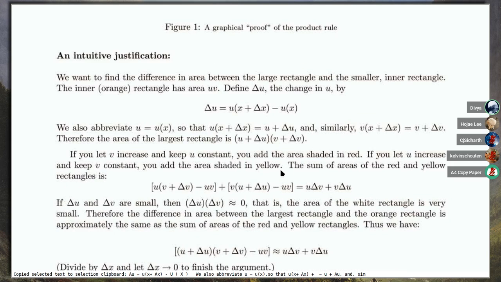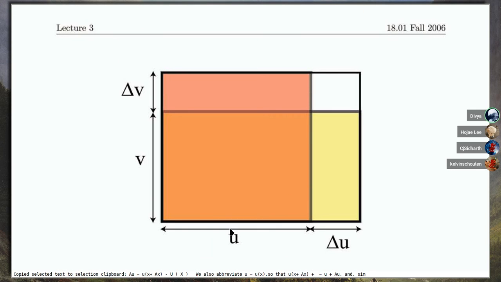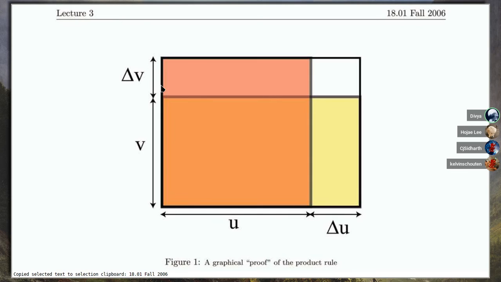Makes sense. If you let v increase and keep u constant, restricting u from going past this boundary, you'll get this. And if you stop increasing v and increase just u, you're going to get this, right?